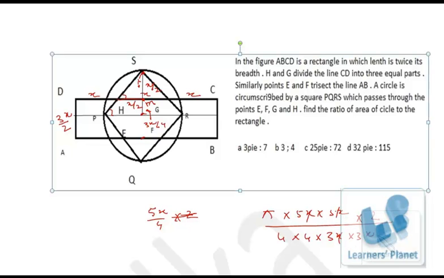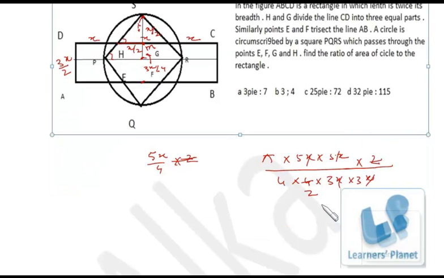Cancel x, 2, 2. So this is 5 into 5, 25 pi by 3 3s are 9, 9 8s are 72. So 25 pi is to 72, that is the ratio of area of circle to rectangle.